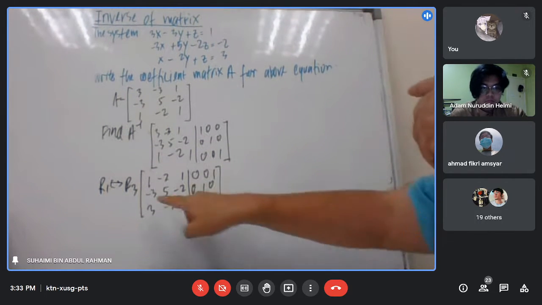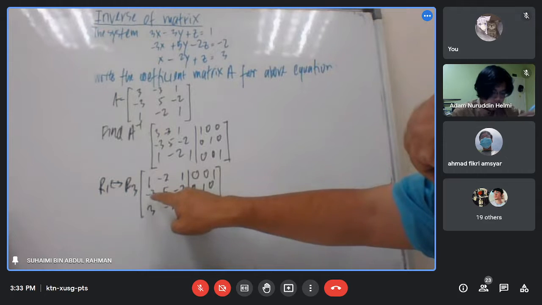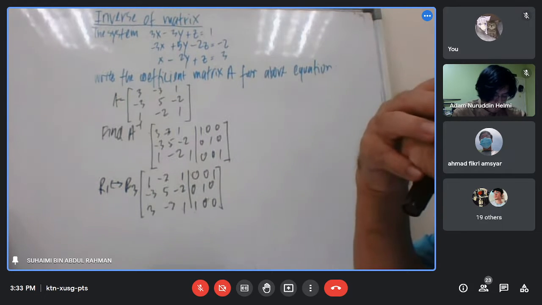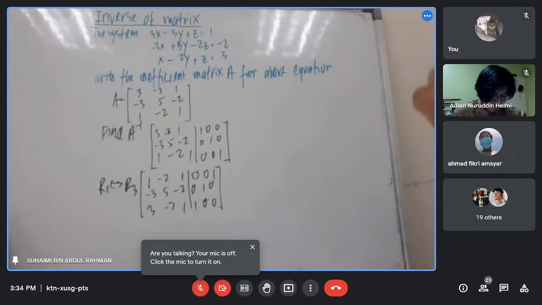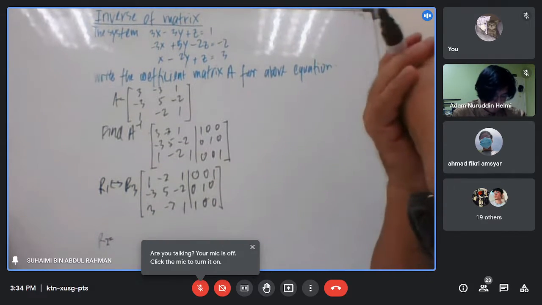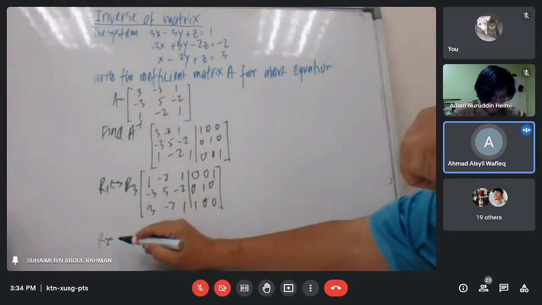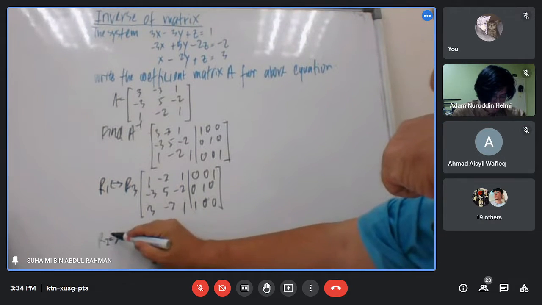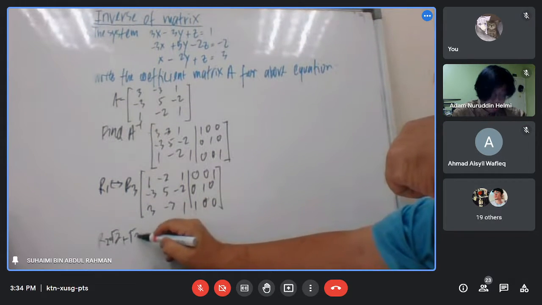Okay. Next we want to make the number minus 3 here to be 0. So how to make that? Definitely we will change row number 2. Row 2 is equal to row 2 plus row 3.